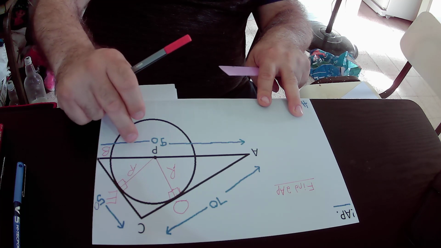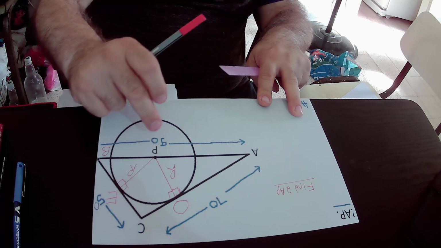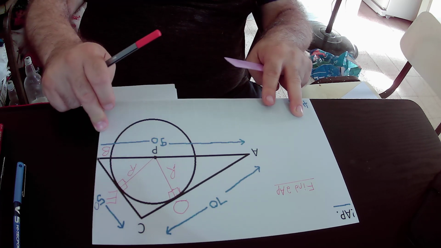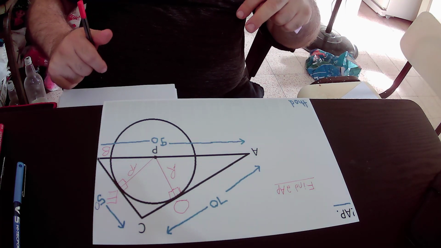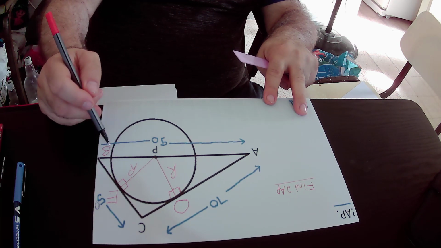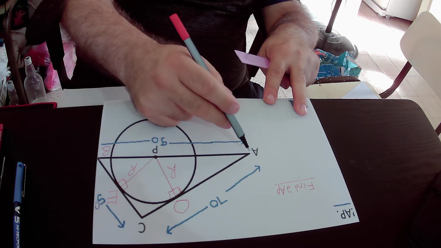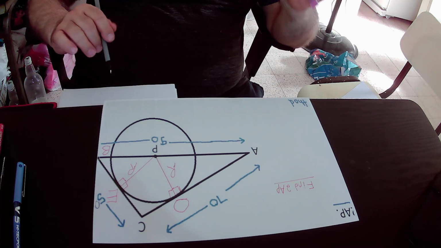That is to say, angle PEC equals 90 degrees and also angle PEB equals 90 degrees. And as I've already told you, triangle PEB is a right triangle, and also triangle POA is a right triangle. Okay?